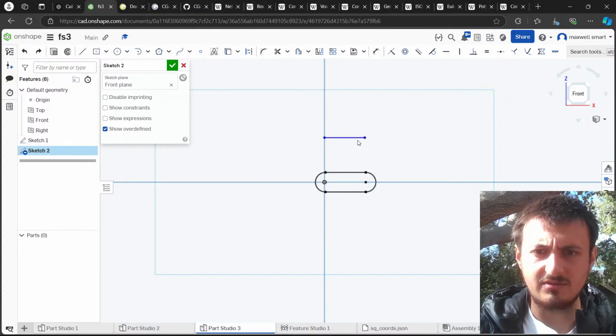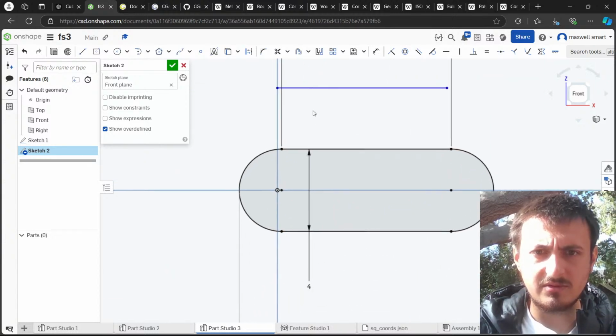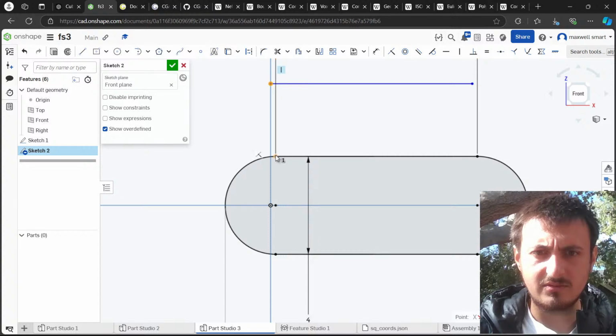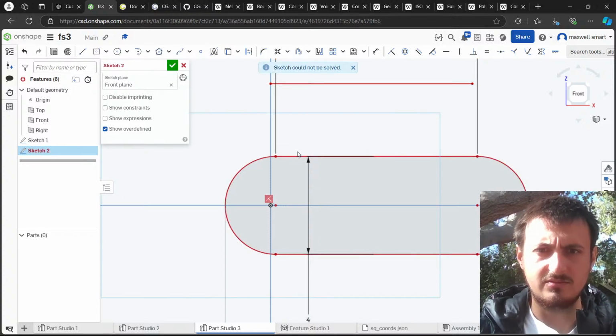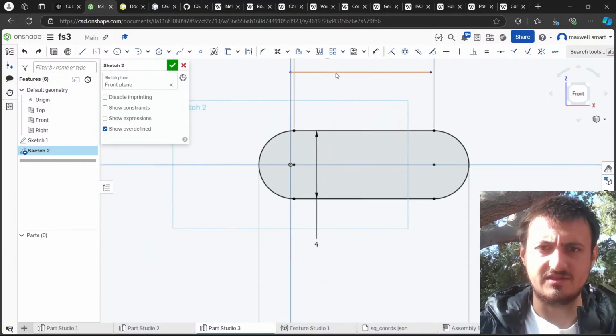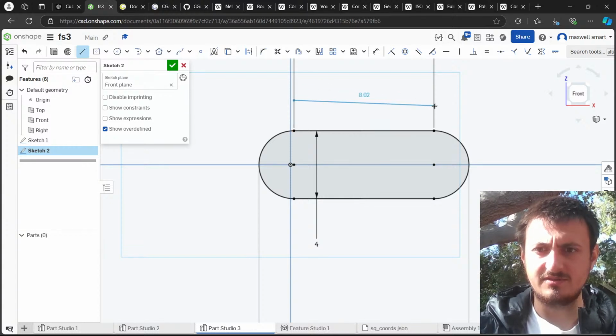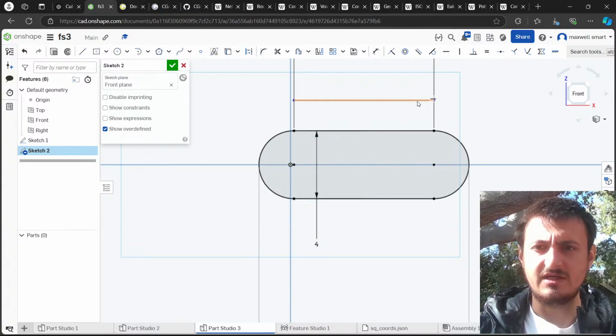Wait, what? What did I do? There must be some weird... Let's delete this. Make a line. Oh, that was what it was. Okay, there we go. So now these are going to be equal.